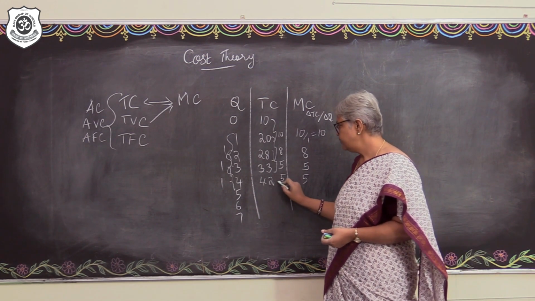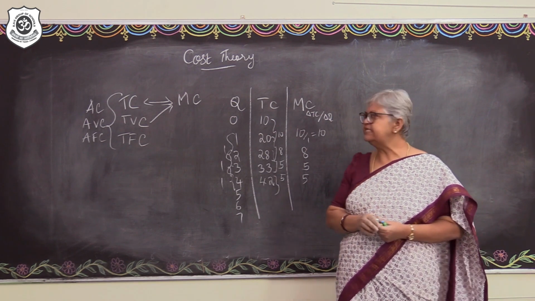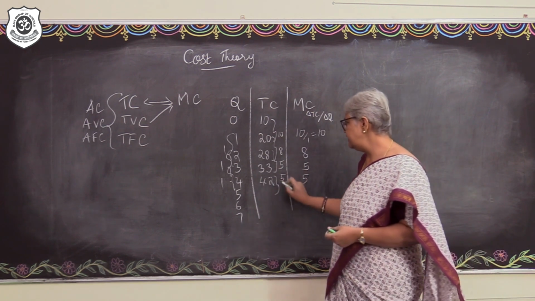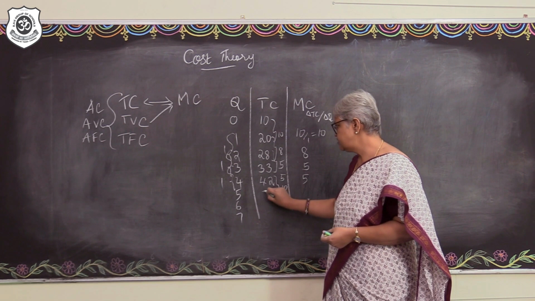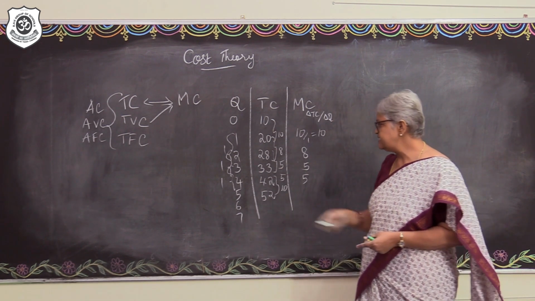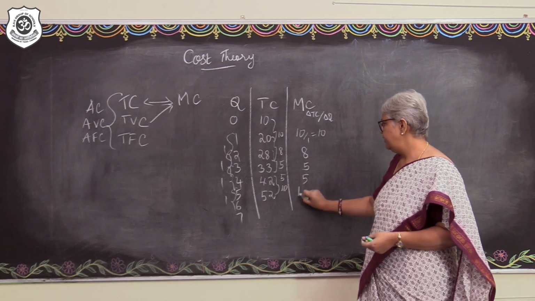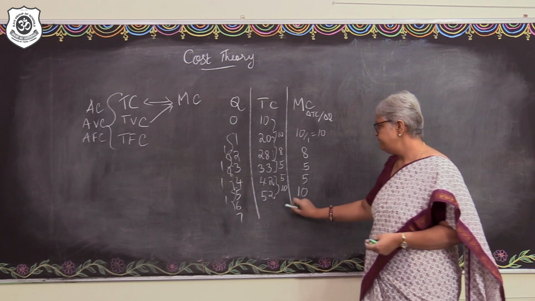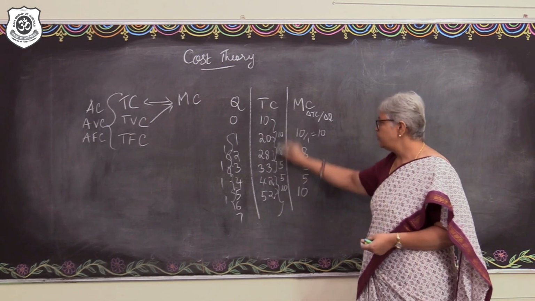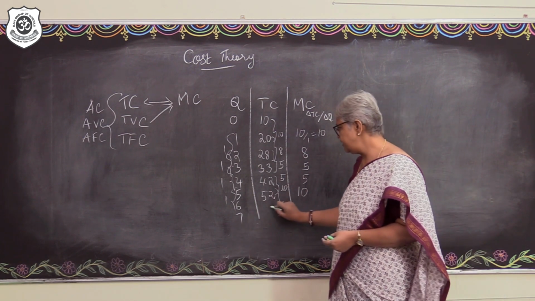And thereafter, when the firm is going to suffer decreasing returns, you know that the TC will increase at an increasing rate. So if it is going to become now 52, yes. The change over here is again by 1 unit. So 10 by 1, that's 10. And let's say the total cost is again going to increase at an increasing rate by say 20.